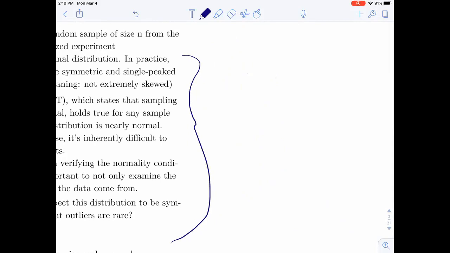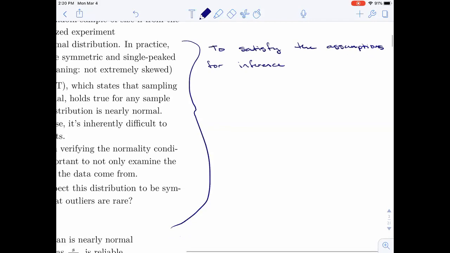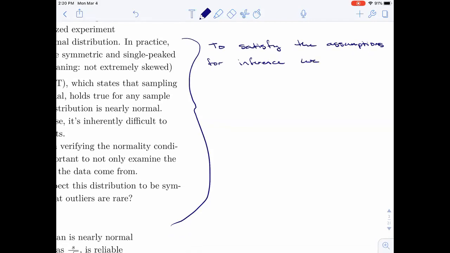So to satisfy the assumptions for inference, we must have a sample larger than 30.